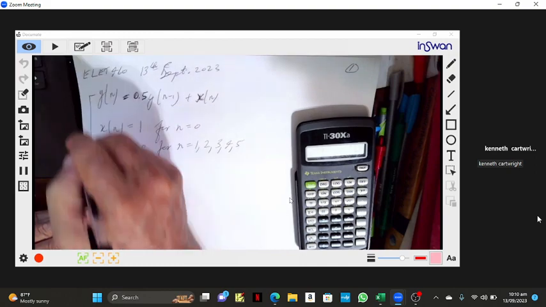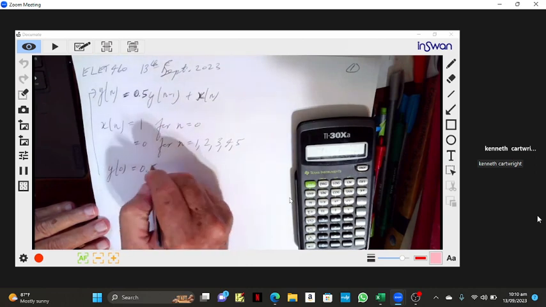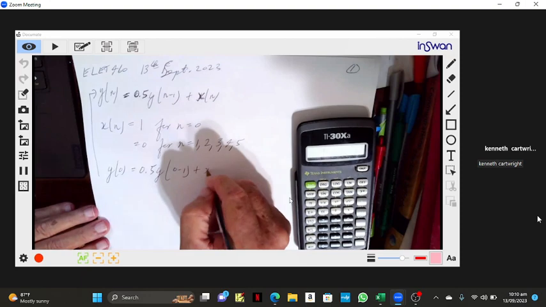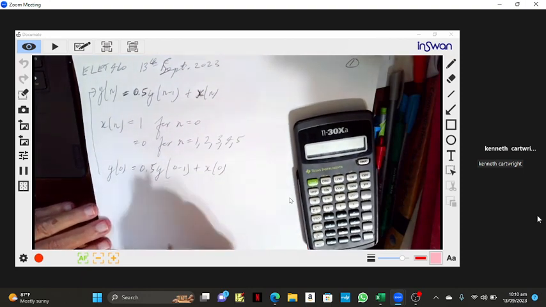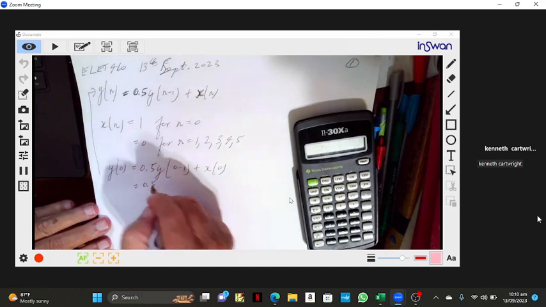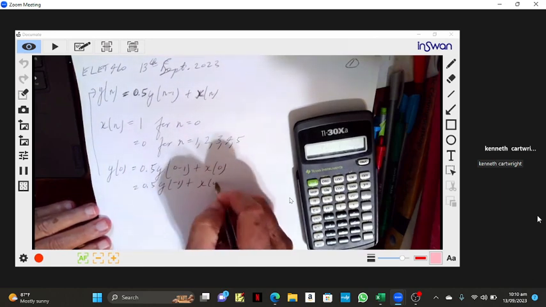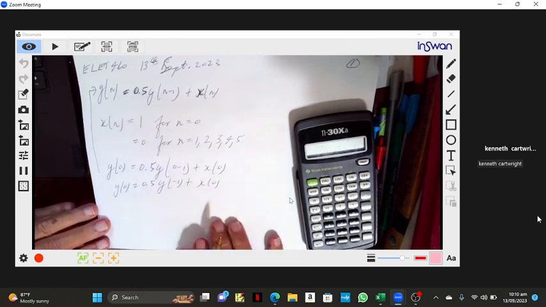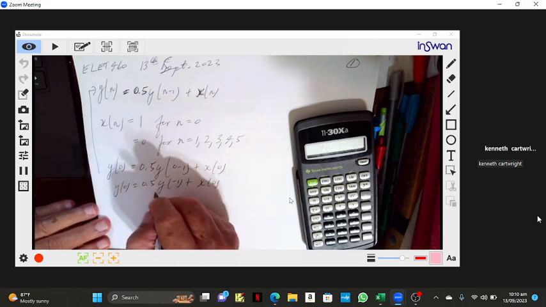Here's the equation. Where you see n, put 0. y of 0 equals 0.5 y of 0 minus 1 plus x of 0. It's as simple as that. So that's 0.5 y of negative 1 plus x of 0. y of negative 1 we don't know, so we assume that it is 0.